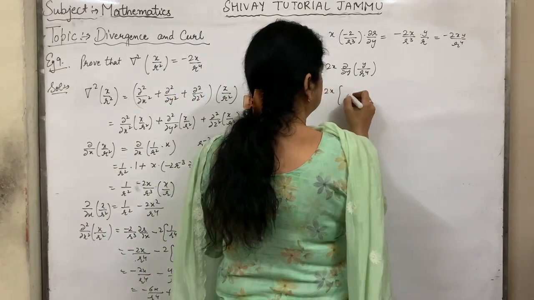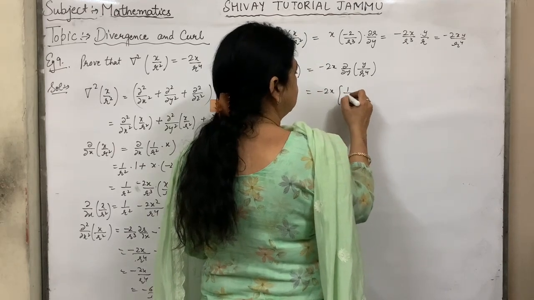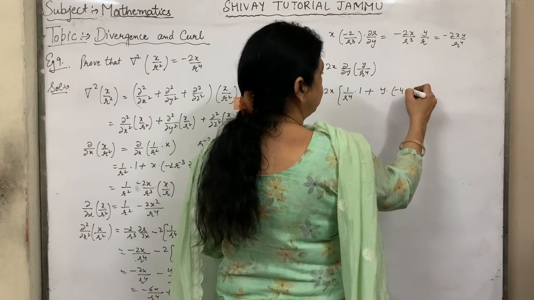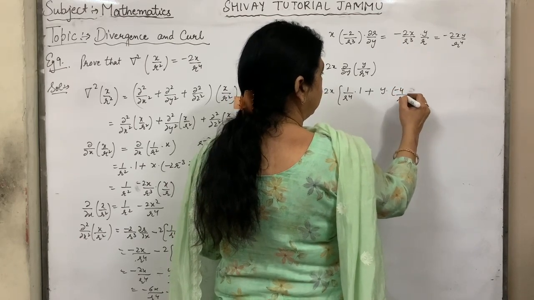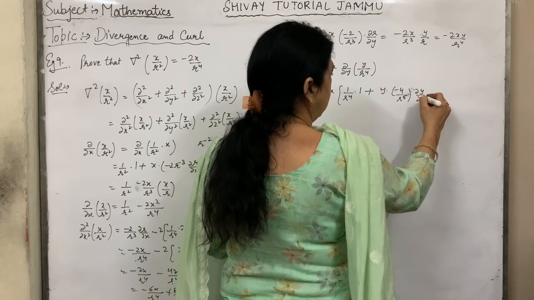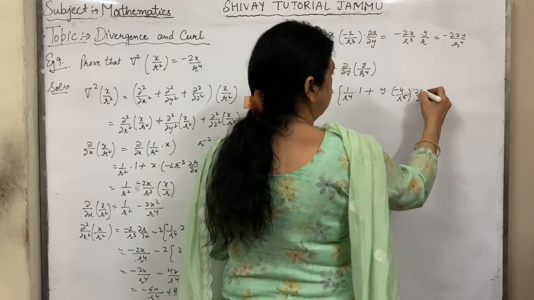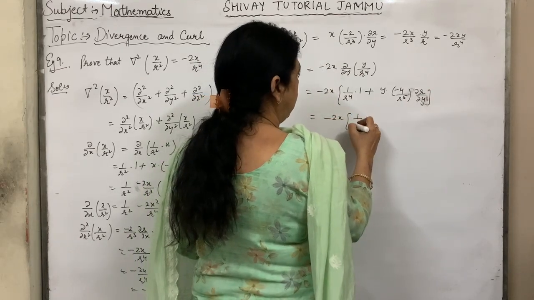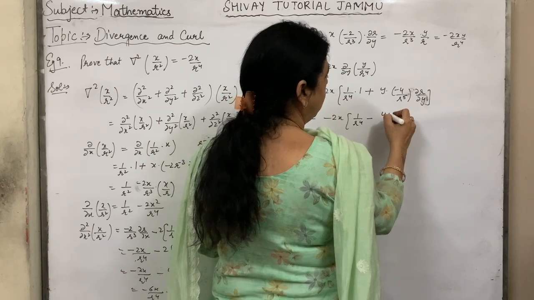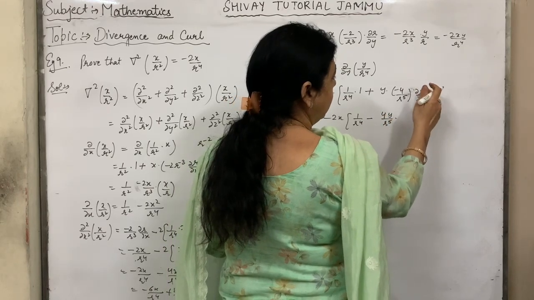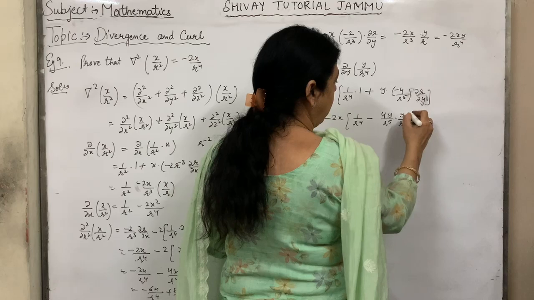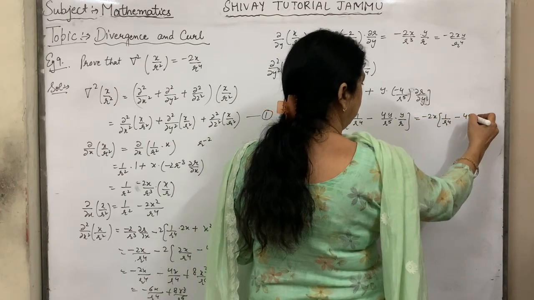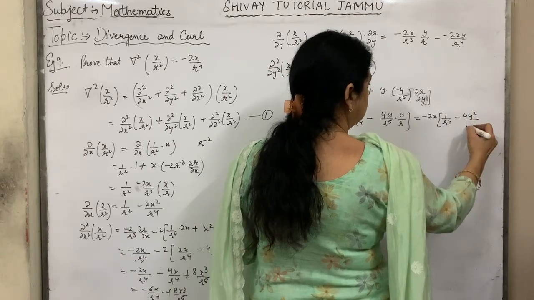First term will be as it is, differentiation of y is 1, y as it is, minus 4/r⁵ and ∂r/∂y. This will become minus 2x times 1/r⁴ minus 4y/r⁵ and ∂r/∂y is y/r. This will become minus 2x times 1/r⁴ minus 4y²/r⁶.